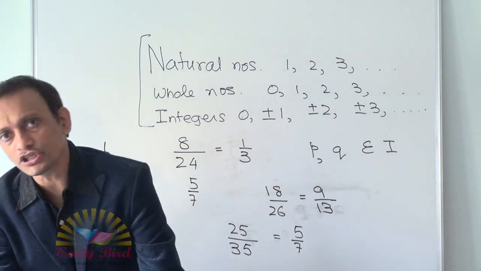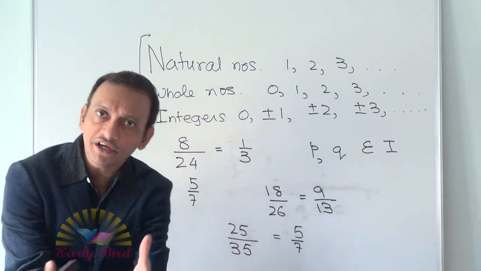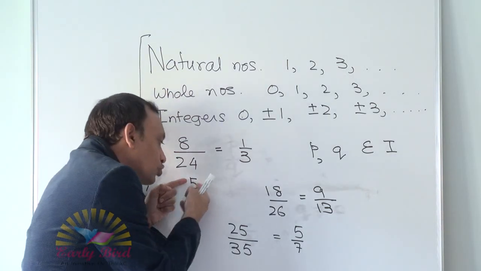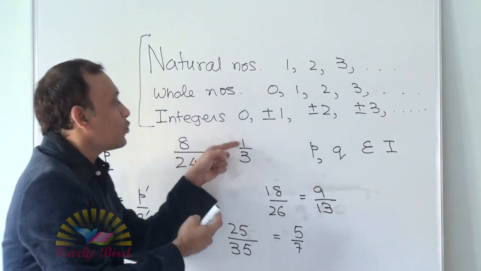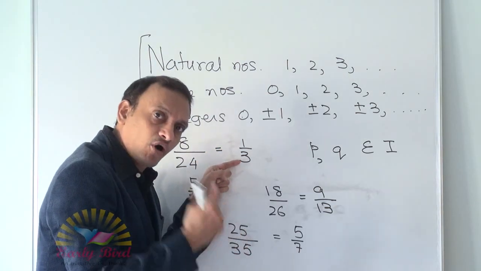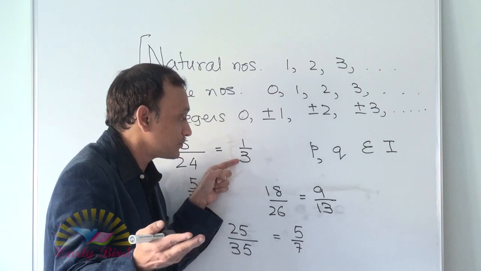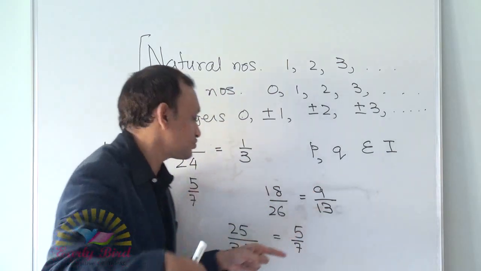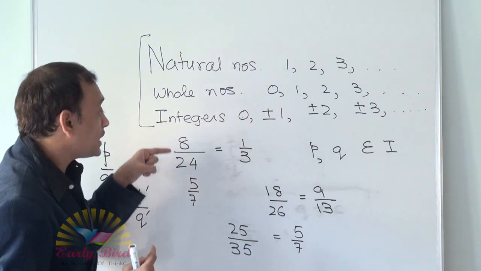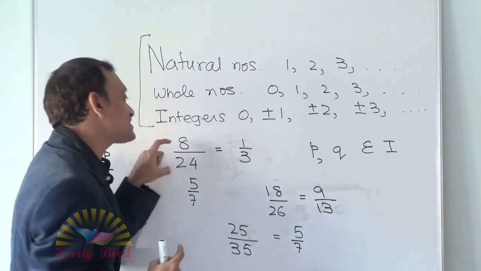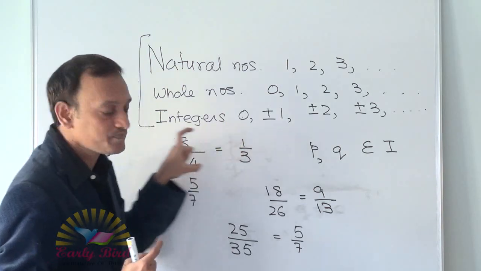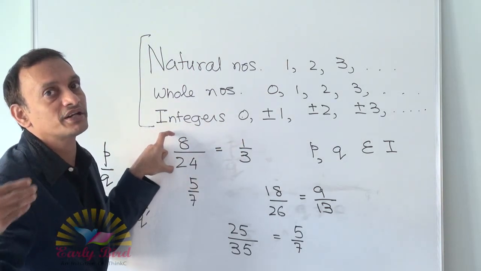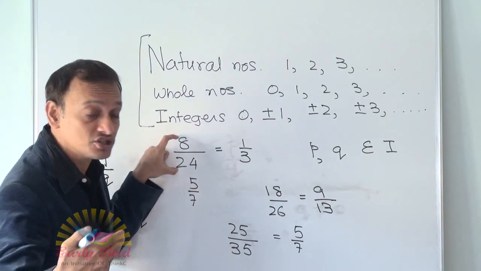So every rational number, either it's already in its lowest form, for example 5 by 7, where no further cancellation can occur, 1 by 3 is already in its lowest form, 9 by 13 is already in its lowest form. But 8 by 24 is not in its lowest form, it's still the same rational number, but there is scope for further cancellation because there are common factors.